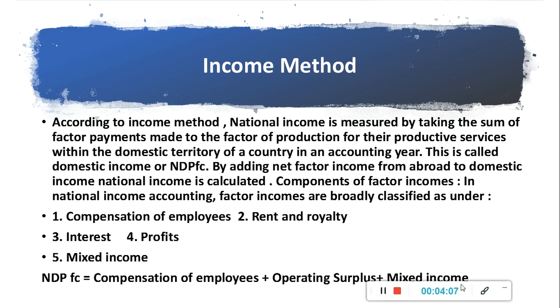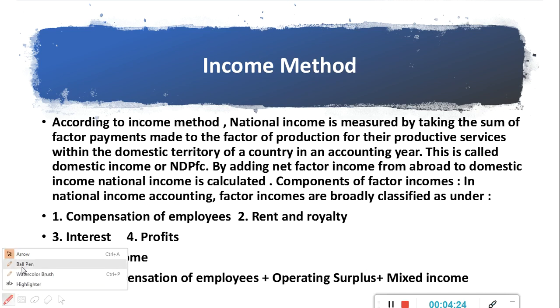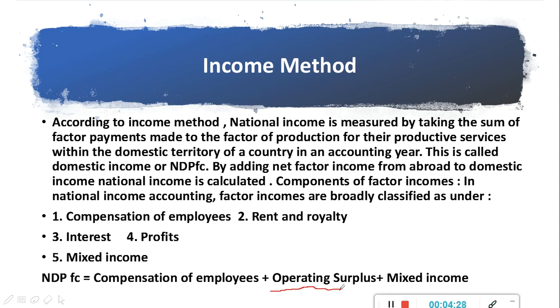In the slide you can see the formula: net domestic product at factor cost is equal to compensation of employees plus operating surplus plus mixed income. This operating surplus is comprised of rent and royalty, interest, and profit.